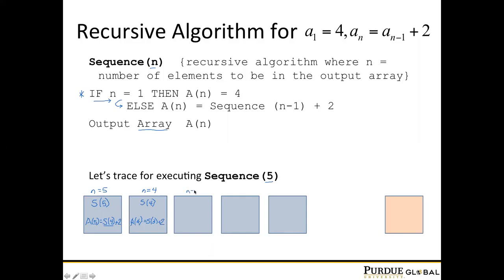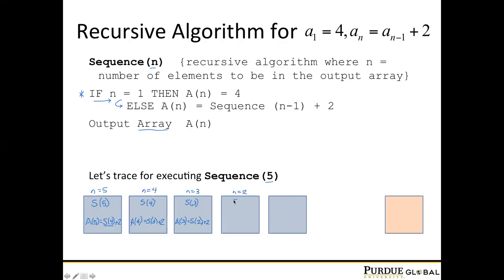So we'll move on and evaluate for when n equals 3, S of 3, what does it produce? N is still not equal to 1, so we execute the else statement. A of 3 equals S of 2 plus 2, because the S part has an input of n minus 1 here, so 3 minus 1 is 2, and notice we need to execute S of 2 now.